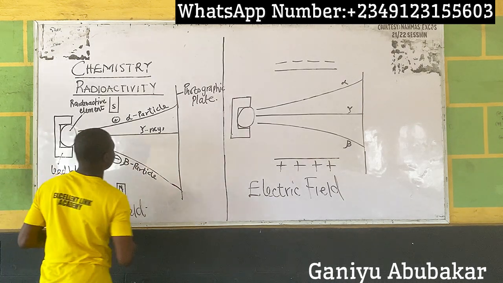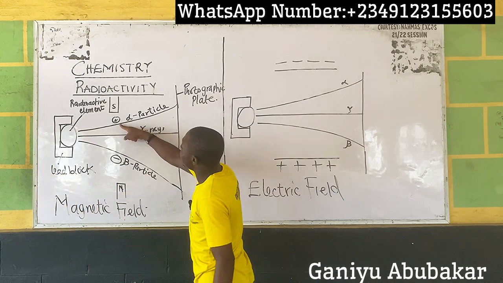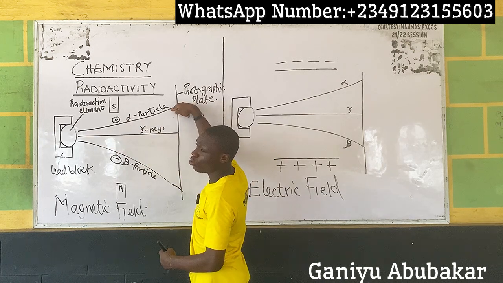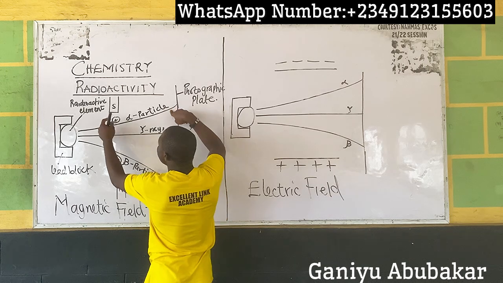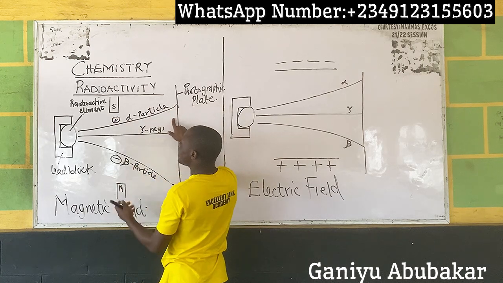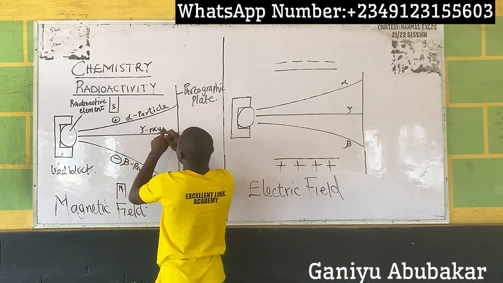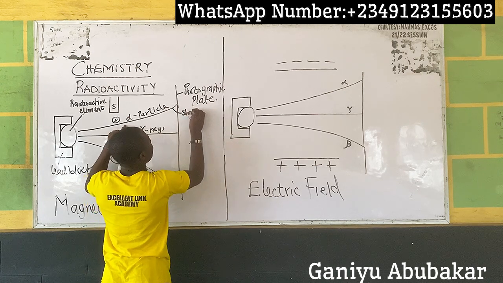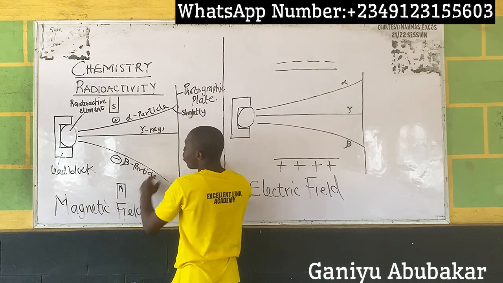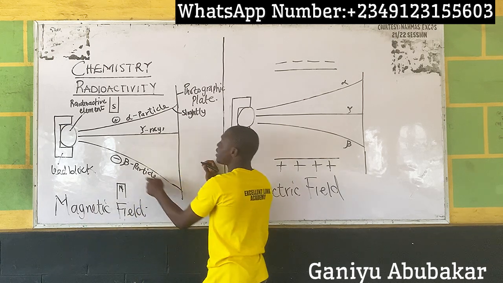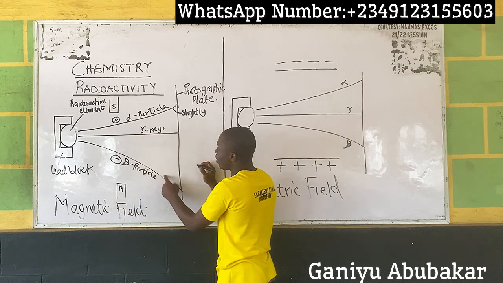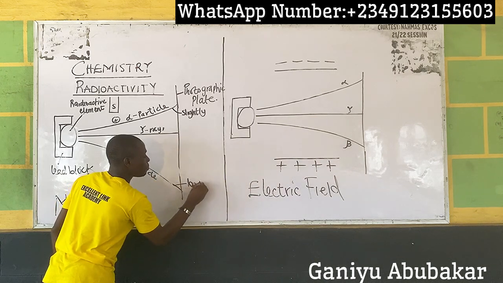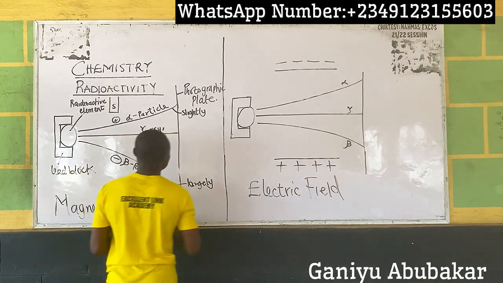And also observe that the alpha particles are slightly deflected by the magnetic field. So alpha are slightly deflected when it comes to magnetic field, while beta particles are largely deflected. You can see they are the most largely deflected.